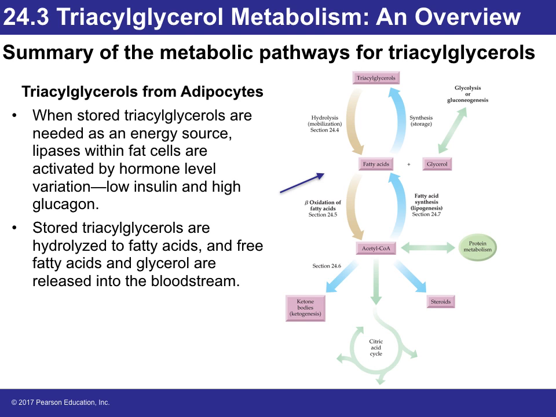When stored triglycerols are needed as an energy source, lipase, that enzyme within the fat cell, is activated by hormone level variation, low insulin and high glucagon. Those stored triglycerols are then hydrolyzed into fatty acids, and those free fatty acids and glycerol can be released into the bloodstream.